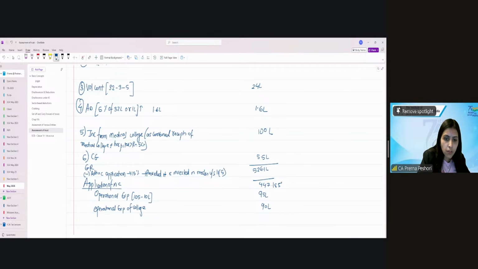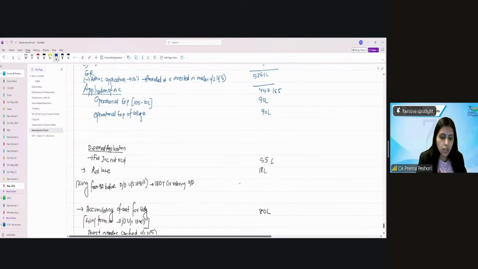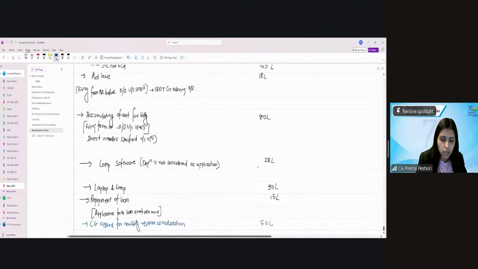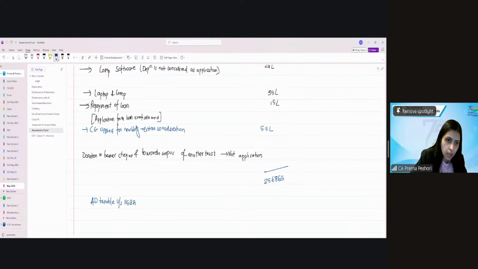Out of which 95 minus 90 minus 55 lakh minus 18 minus 80 lakh, 28 lakh, then 35 lakh, then 15 lakh, and then 5.5 lakh. This gives me 25.6865 plus anonymous donation taxable under section 115BBC, 3.4 lakh.